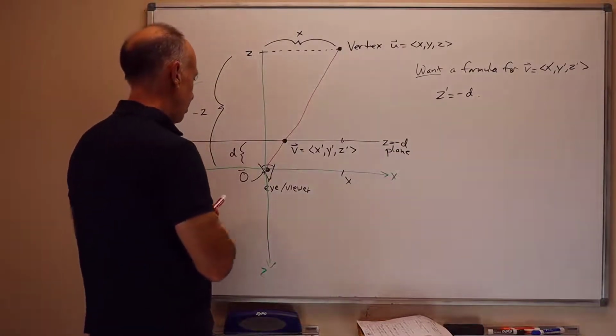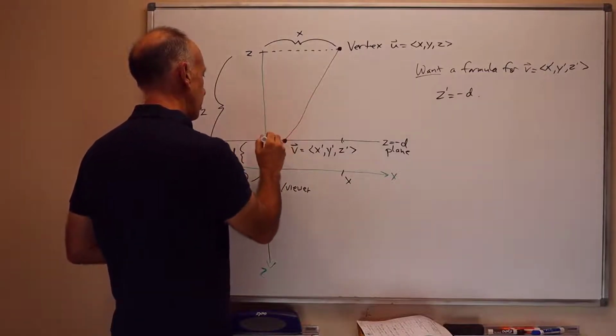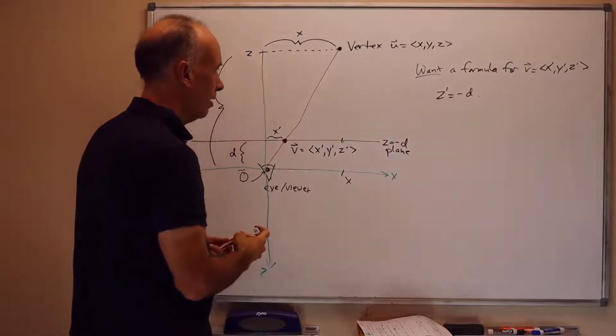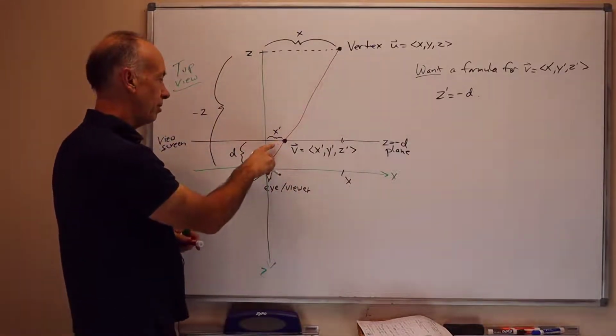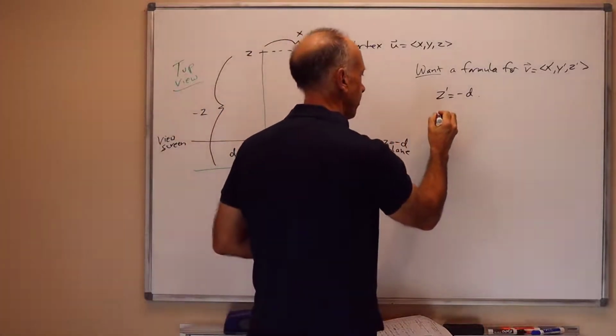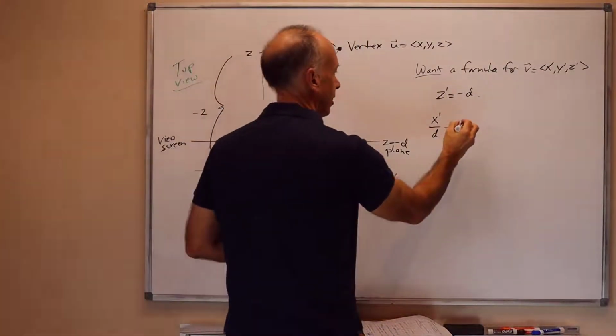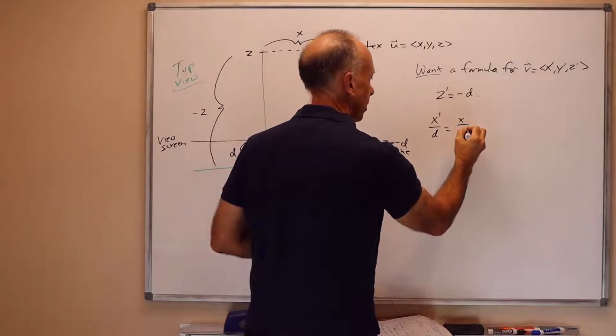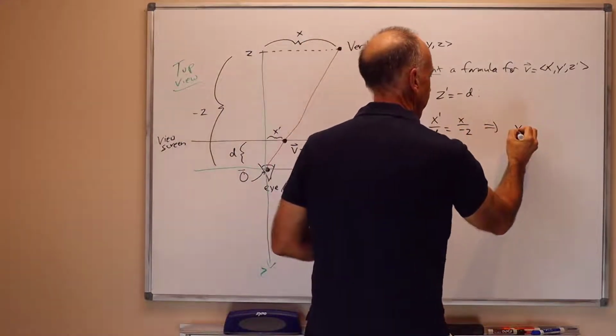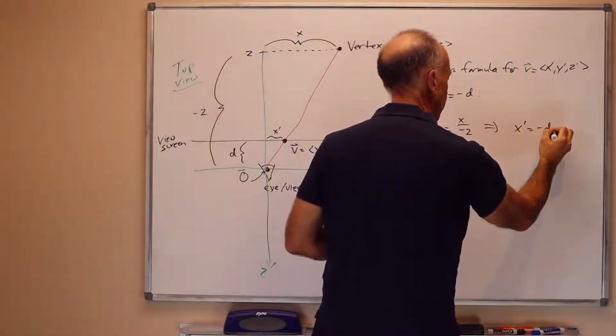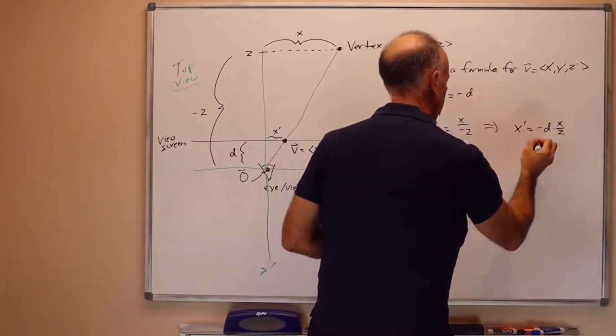And this distance is already labeled as d. And this distance is x prime. So by the method of similar triangles, x prime over d is equal to x over negative z. So that gives us that x prime equals negative d times x over z.